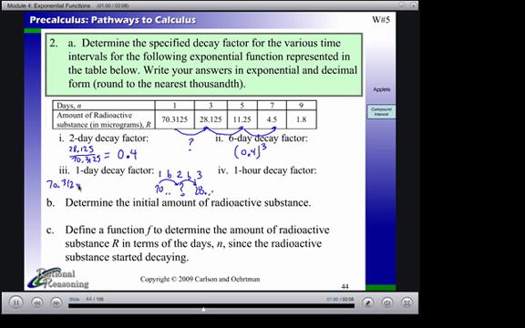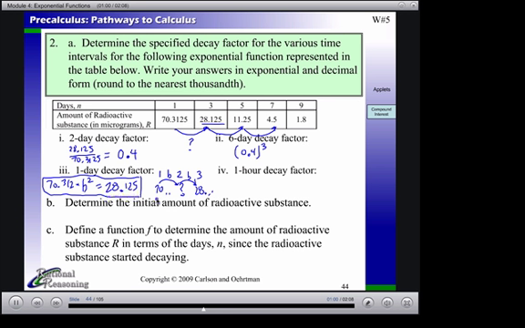Call it B. So 70 times B gives 70.3125. How many times would you have to multiply by the 1-day decay factor to get the amount 2 days later? B squared. You have to multiply by 2 of them, right? B squared equals 0.4. Okay, setting up these equations is a huge part of understanding what's going on.